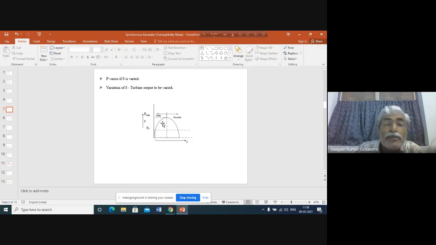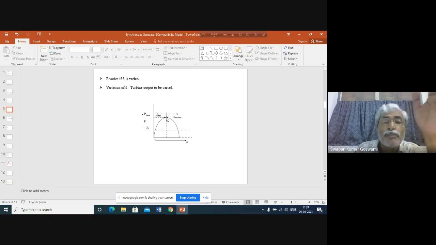That means the maximum permissible power output from the generator is this one. At steady state, this will be the maximum permissible position of the operating point. It cannot go beyond this point because here the output is maximum, and if the generator can operate at steady state because of the shift in the input power, then this will be the maximum permissible power output point.